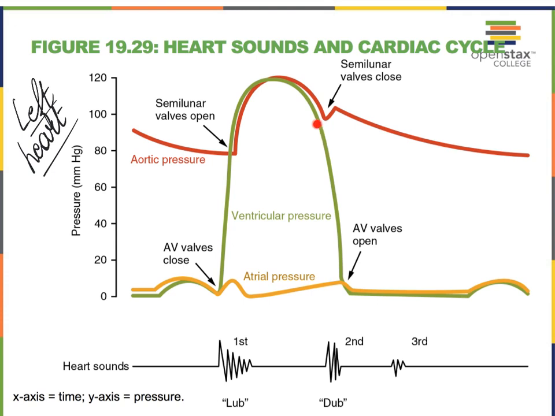And here we see that the pressure within the ventricles is now lower than that in the aorta, and the blood is literally going to flow backwards in that aorta, pushing against the semilunar valves, closing them. So right about here, where the pressures are about equal, the semilunar valves will close.